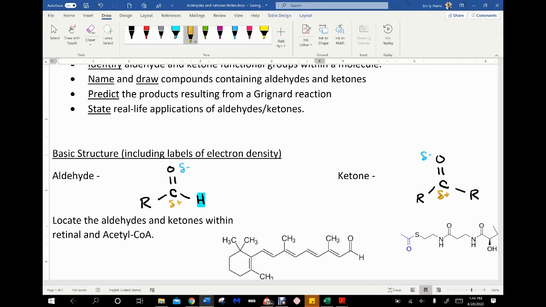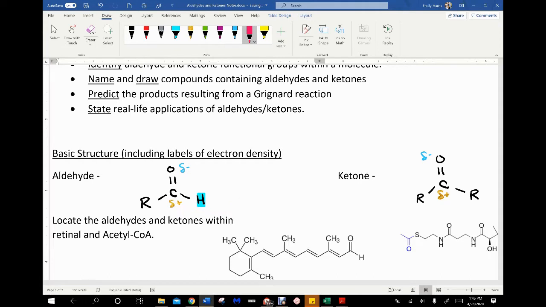And so this is going to make that carbonyl site a great place for reactions to occur. Typically the pattern that we see is some sort of nucleophile, something with extra electrons to share, is going to come in and interact with that partially positive carbon, and then the reaction will proceed from there. So it's something to be on the lookout for.